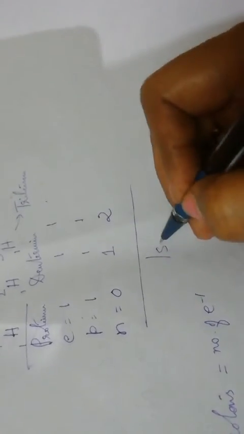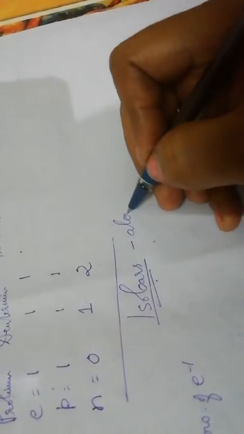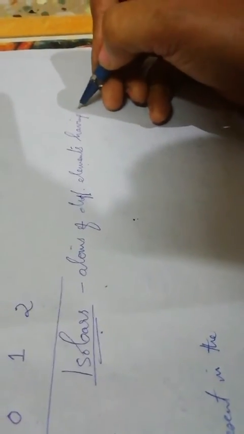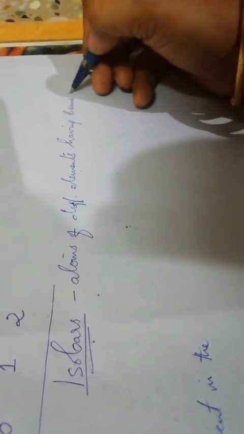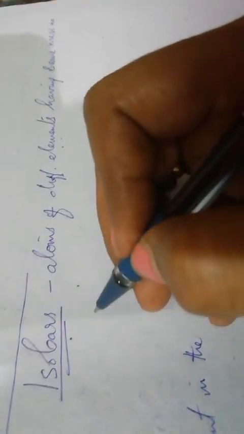Next we'll study about isobars. Now isobars are atoms of different elements having the same mass number. Now when I say they are atoms of different elements, it is understood that they will have different atomic numbers.